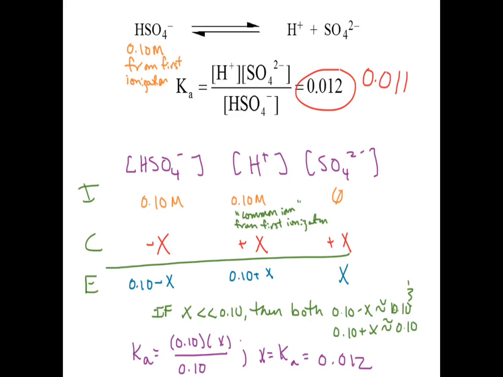So these 0.10s cancel, and we get x is equal to Ka, which, yeah, that is a typo again, darn it. That should be 0.011. So that's x. And what was x? X was the amount of extra hydrogen ions you'll get. X was also the amount of sulfate you'll have formed.